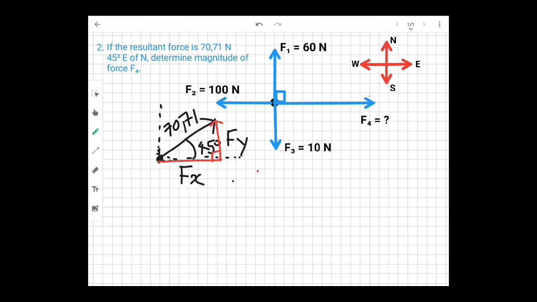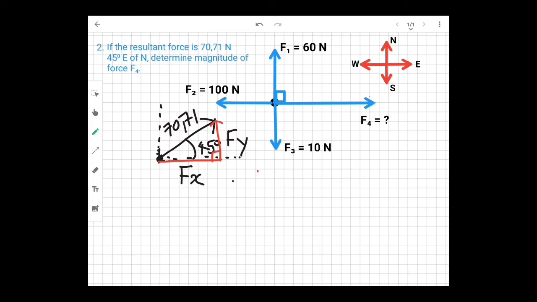Which means I can easily work out Fy and Fx by using the trig ratios. Remember the trigonometric formulas, there are 3 variable formulas. Once you get 2 pieces of information, you can always work out the third.